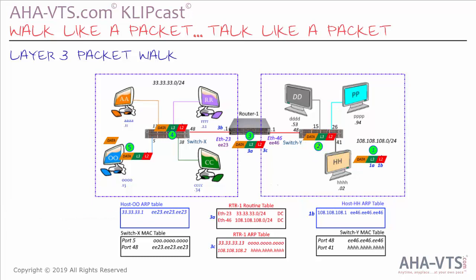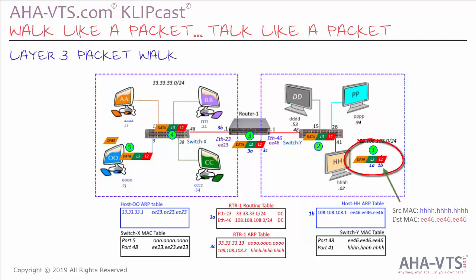So here we go. Host HH has returned information for host 00. Host HH constructs the data and layer 3 header with the source and destination IP addresses of host HH and host 00 respectively. Because it knows that host 00 is on a different network, it must send the information to its default gateway of 108.108.108.1.